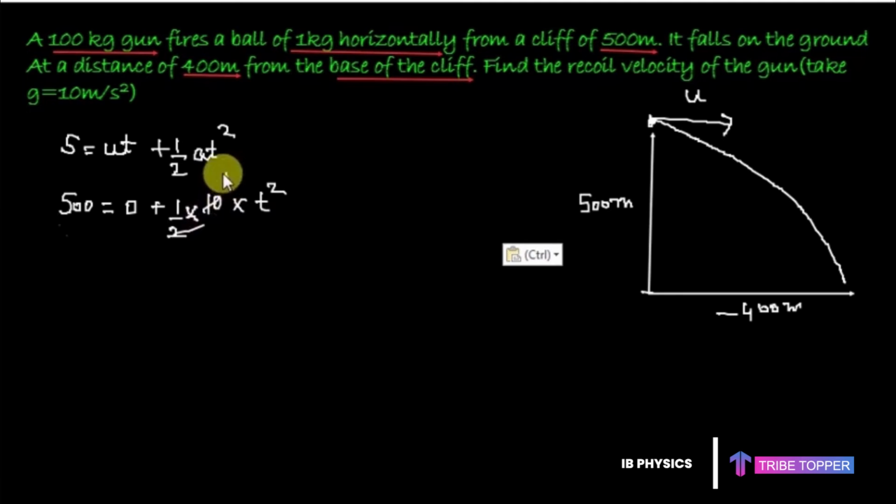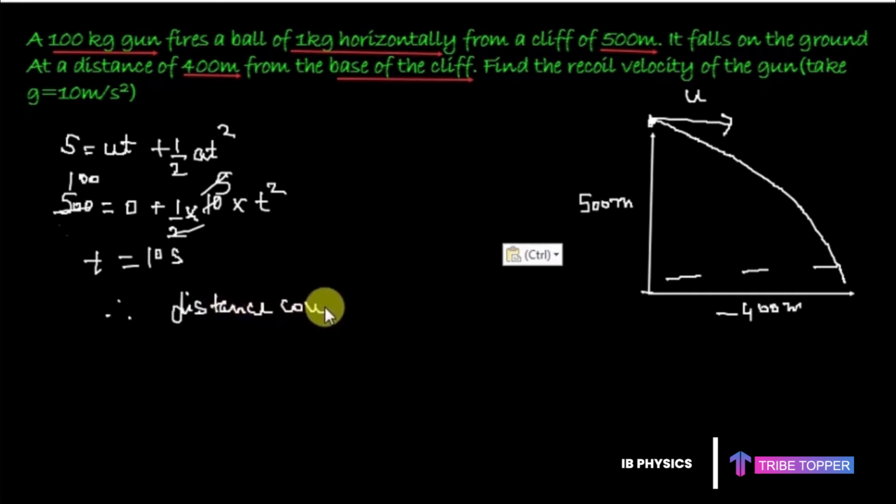So 2 into 5, and 5 times 100, therefore t square is 100, so t is equal to 10 seconds. Now in this 10 seconds, the entire time of flight, the horizontal distance covered is 400 meters. Since horizontal velocity is constant, the distance covered horizontally, which we also call the range, is velocity into time.